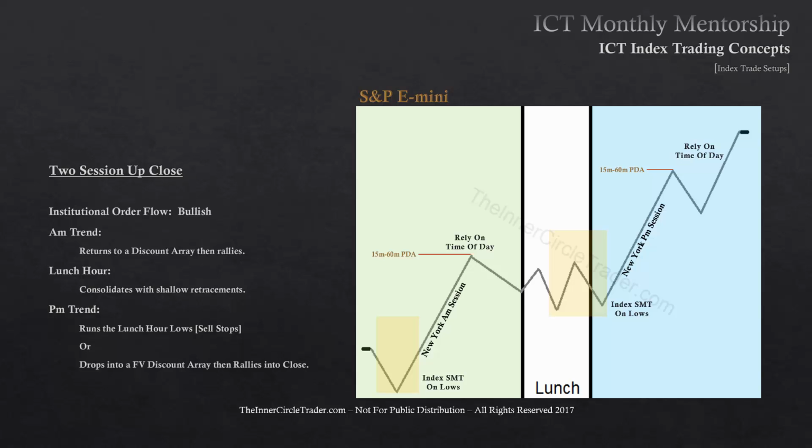Now, if you notice how I have the diagram on the PM session, going into the close, it could be 2 stages. It could fall short of a 15 or 60-minute PD array and start to retrace, then look for an additional ramp up in that last hour going into the close until it reaches the 15 or 60-minute PD array or premium array.